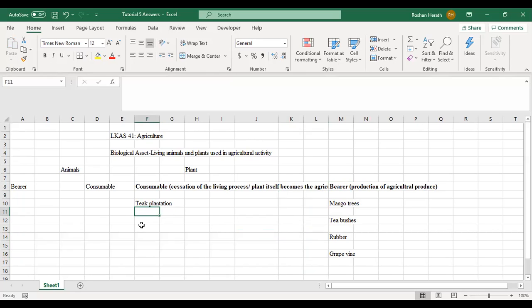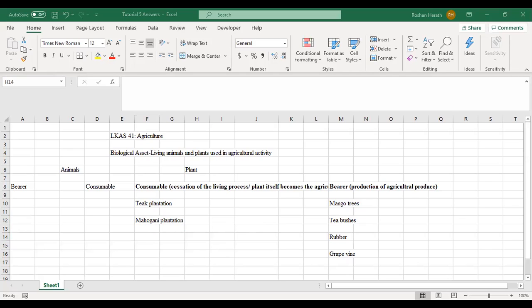At the moment, it's just the teak plantation and the mahogany plantation. Those are what come to my mind. If you can add some, you can add them. Even I have the standard as well, we'll see some examples. Trees for timber plantation, basically that's the case here.